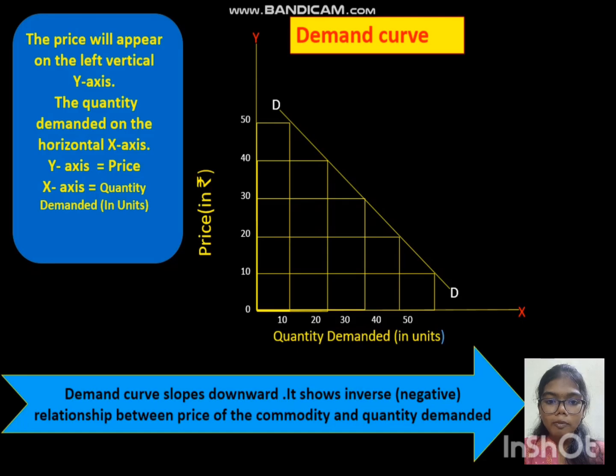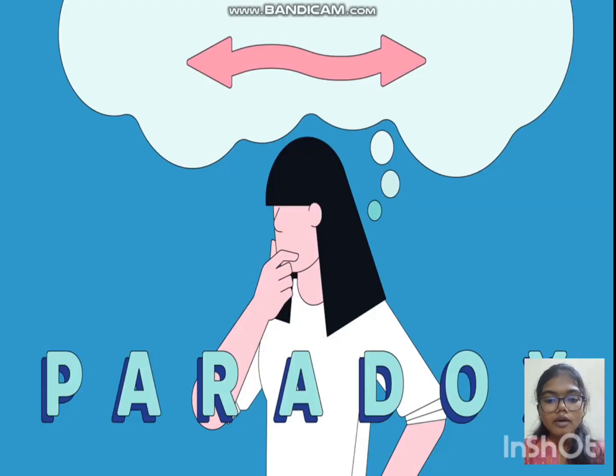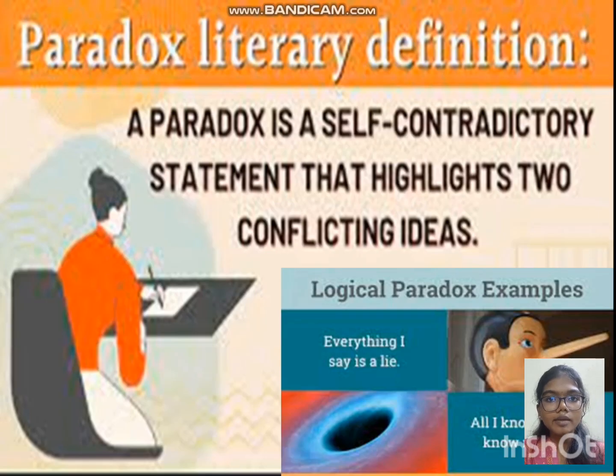And to know about the Giffen Paradox, we should have a basic understanding of the word paradox. Paradox literally means a self-contradictory statement that highlights two conflicting ideas.